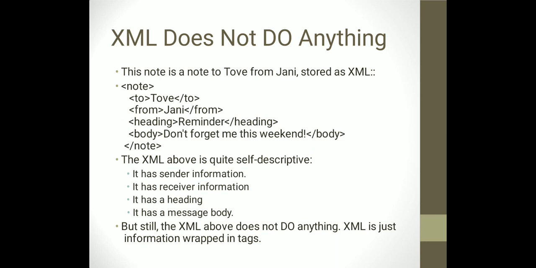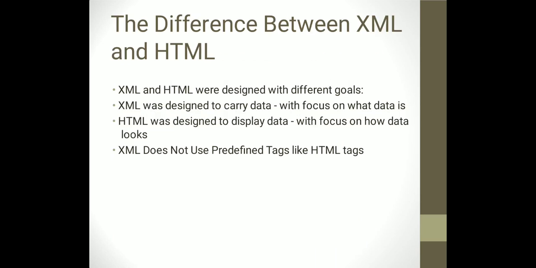So we can say that XML written in tags is quite self-descriptive. It has sender information, receiver information, then it has a heading and a message body as well. But still XML does not do anything, it is just information wrapped in tags.